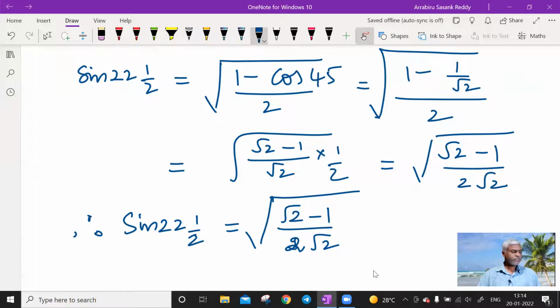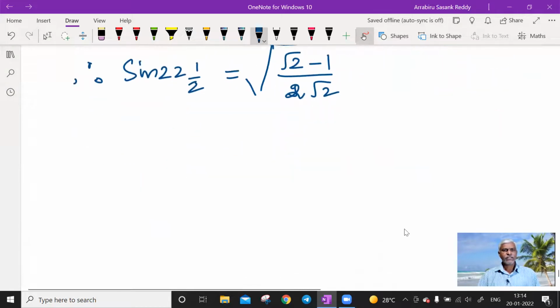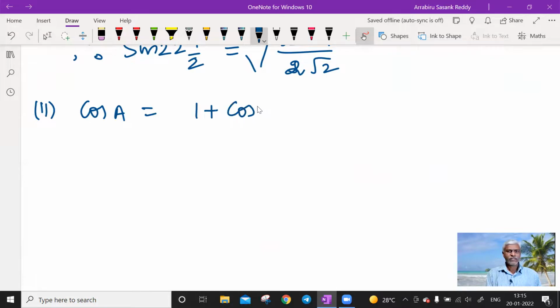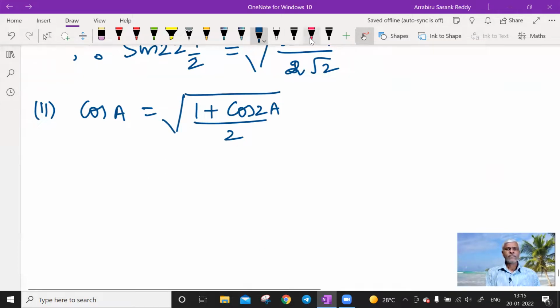Similarly, let us find the second one. Cos A is equal to under root 1 plus cos 2A by 2. So this is the formula.